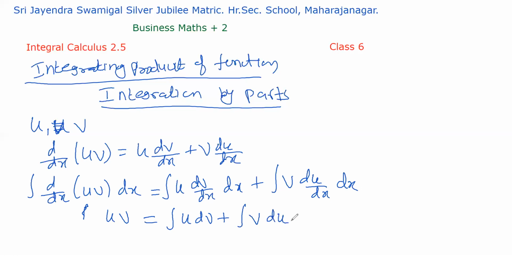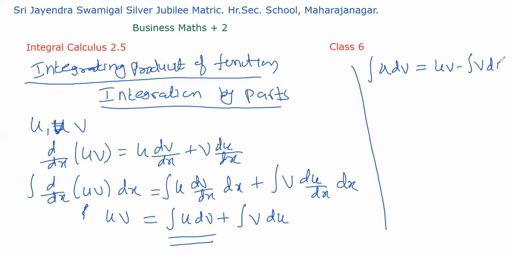We need integral u dv, so taking the other term to the left-hand side, we have integral u dv is equal to uv minus integral v du. This is the formula for integration by parts.